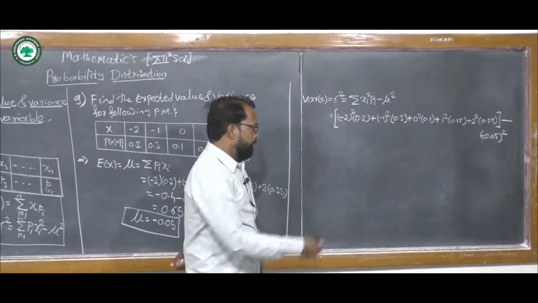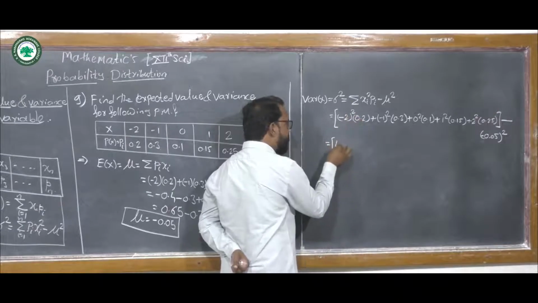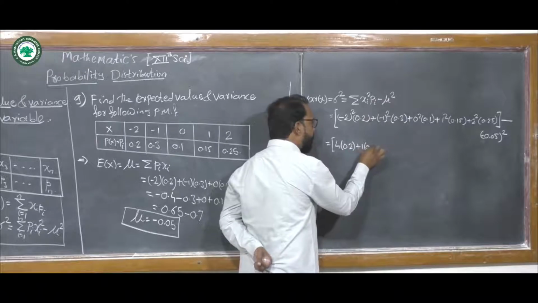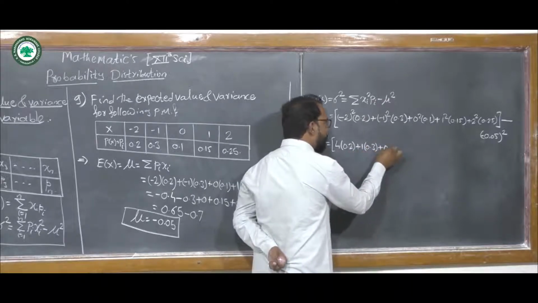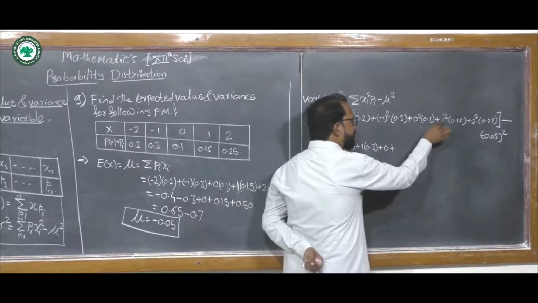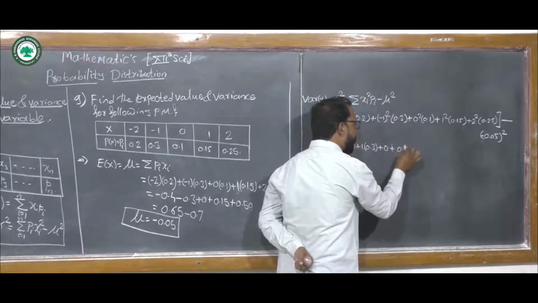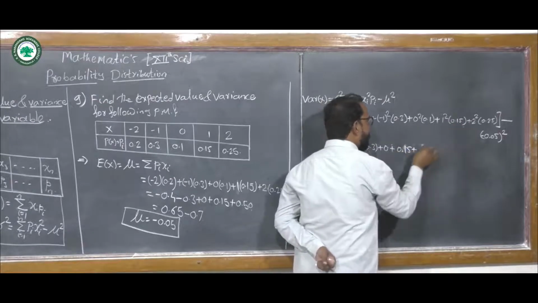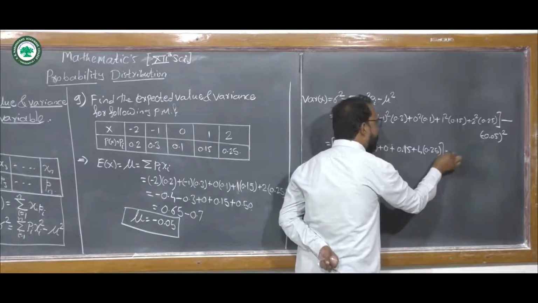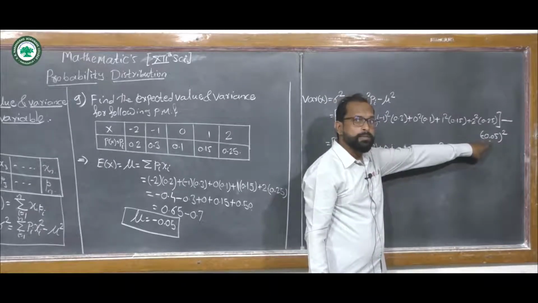Now making this calculation, (-2) squared is 4, so it becomes 4 into 0.2 plus 1 into 0.3 plus 0 into 0.1, which means 0, plus 1 squared means 1, 1 into 0.15 means 0.15, and lastly 2 squared means 4 into 0.25, and minus the square of 0.05.